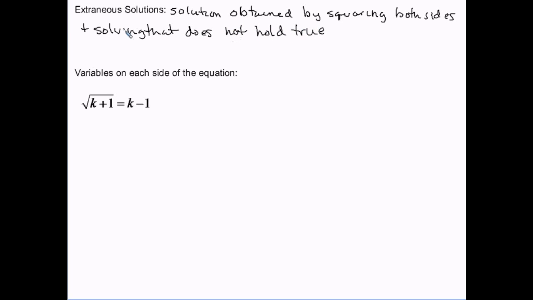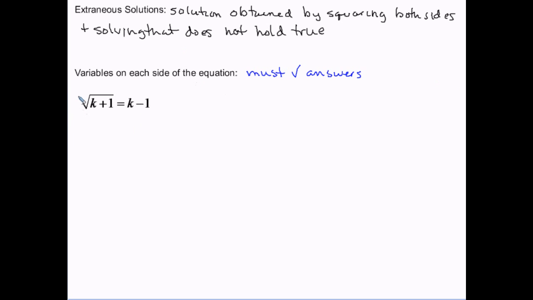An extraneous solution is when we square both sides and we solve, and then we get a solution that doesn't hold true. Pardon my handwriting, but this happens when we have variables on each side of the equation. So we have to check these. If you have a variable under the radical and a variable outside of the radical, you'll get an extraneous solution. So you have to check both solutions to see which one is actually true.